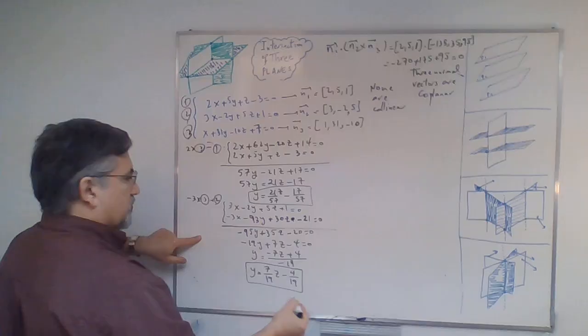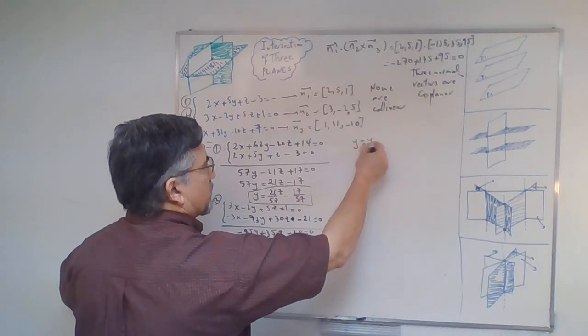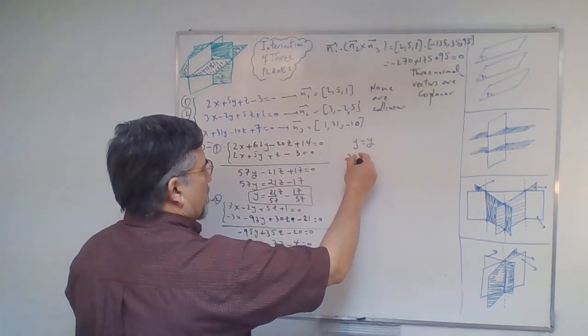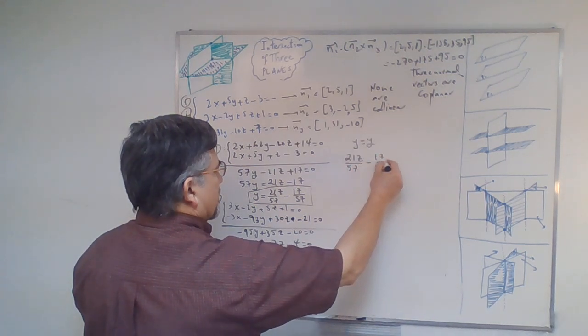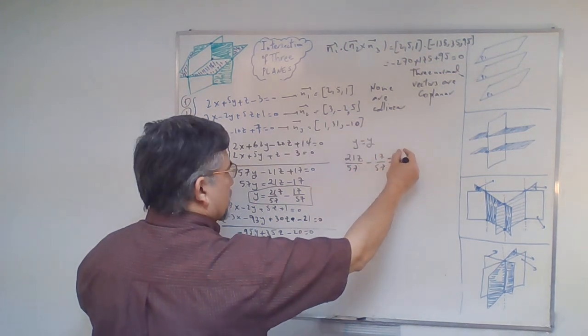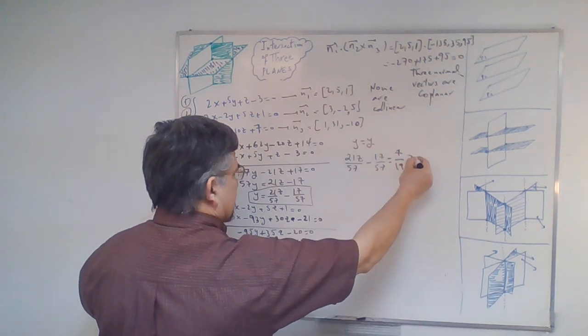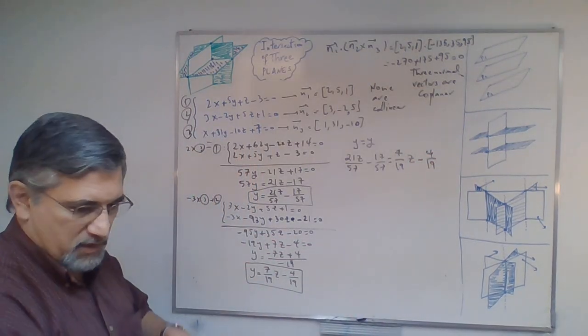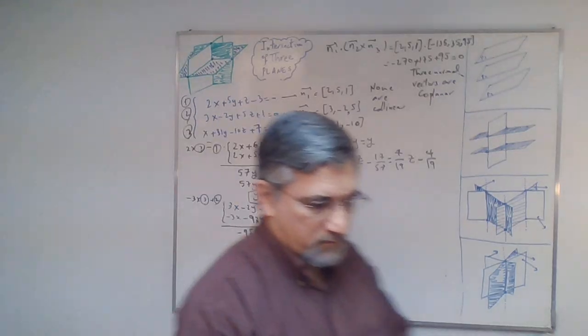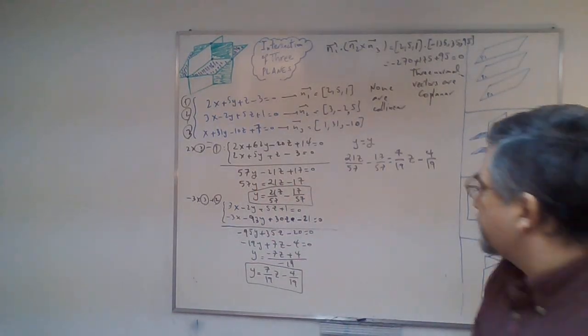Okay, so we know that y should equal y. So that means 21z over 57 minus 17 over 57 should equal 7 over 19 z minus 4 over 19. And this way, we can solve for z, hopefully.